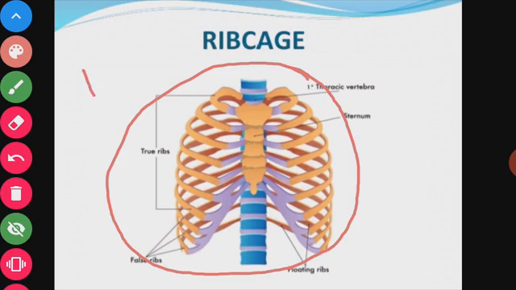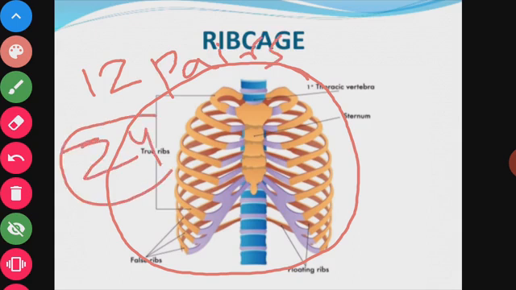How many? 12 pairs of curved ribs, which means 24 ribs. All these ribs are curved.